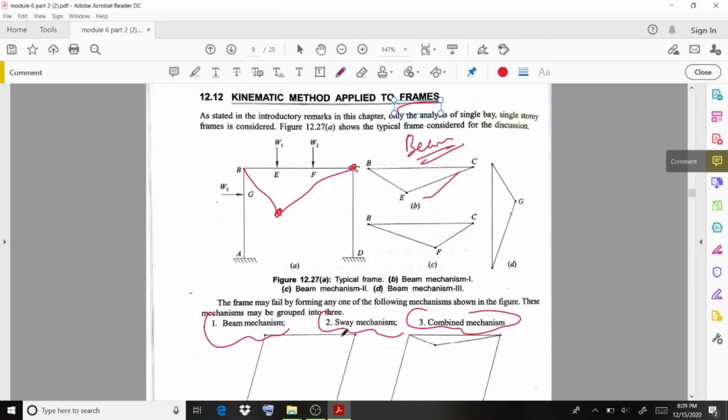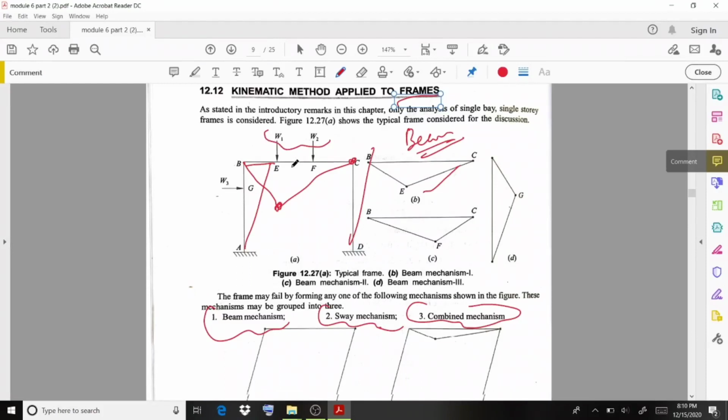Then coming to the next one, the sway mechanism. Due to the horizontal load W3, there will be a chance of sway. This frame will sway in this way, so again there is a sway mechanism happening. In this case W1 and W2 have no role.